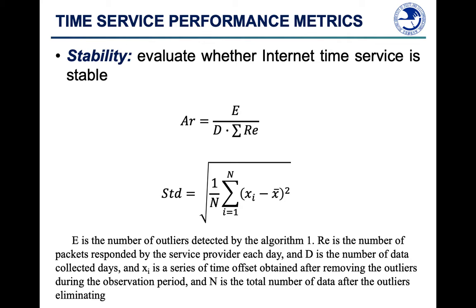Stability is another key metric to evaluate whether Internet time service is stable. We use the standard deviation of the time offset to represent the stability of the services provided by the time service provider.